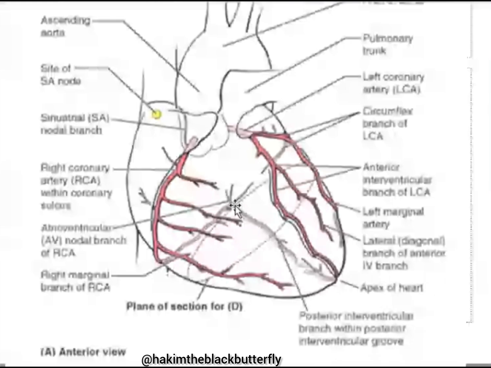If your posterior interventricular artery is coming from the right coronary, you are taken to be right coronary dominant. But if it is coming from the other side, from the anterior interventricular, you are taken to be left coronary dominant.